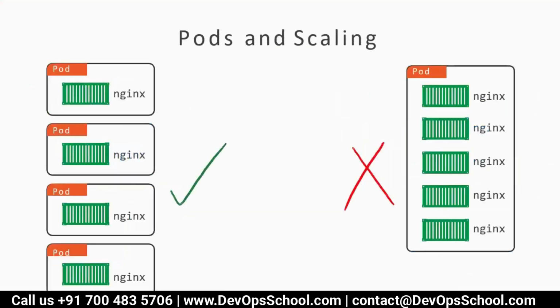Think about it: why is one image wrong and why is one image right? Any clue? Anyone would like to share input on this? Running the same application in a single pod is not possible.